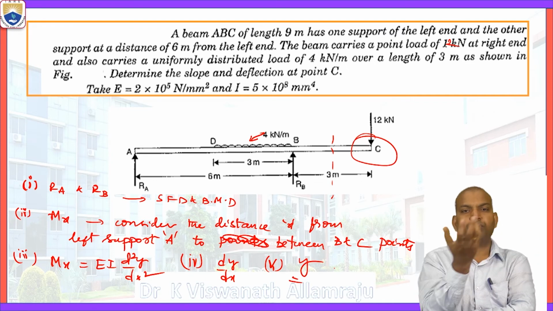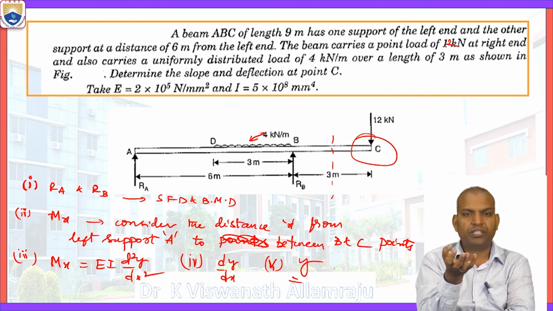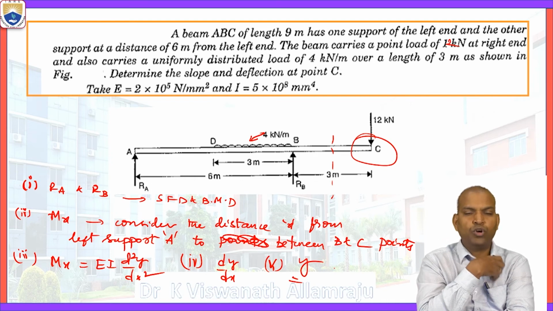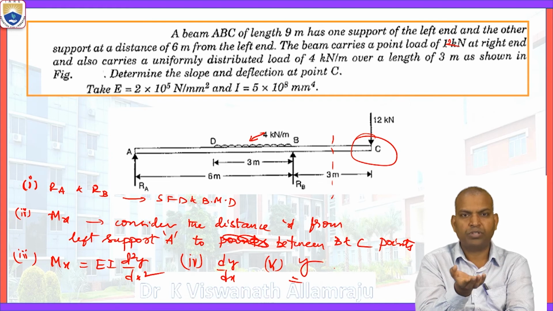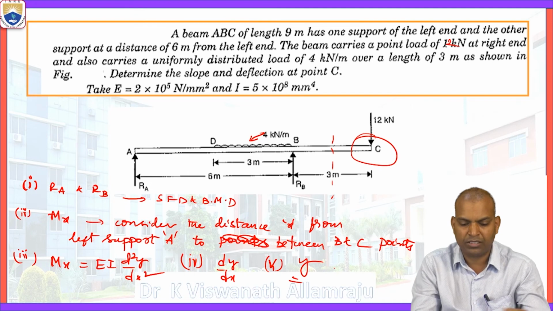In these, we substitute different values of x. In the deflection equation, if you substitute different values of x, deflection values can be calculated at particular distances. Similarly, in the slope equation also, substitute x equal to 0, x equal to 4 meters, x equal to 6 meters.